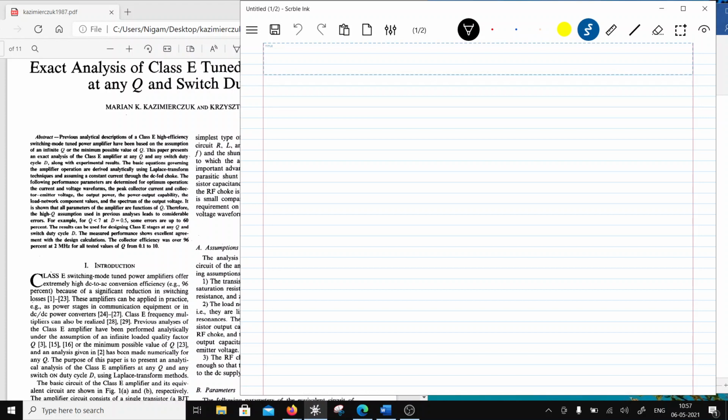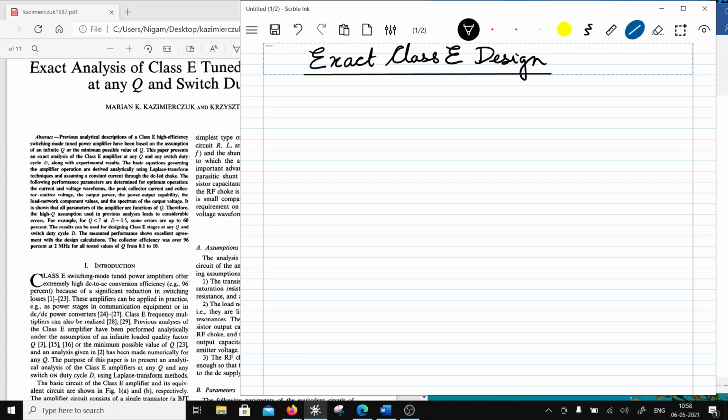So we are doing an exact class E design. In the duration 0 to 2 pi d, that is omega t from 0 to 2 pi d, the switch is on.